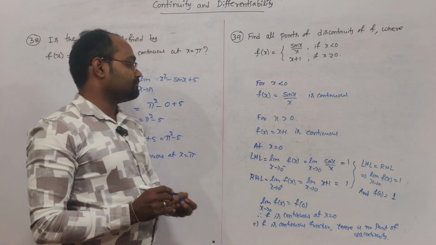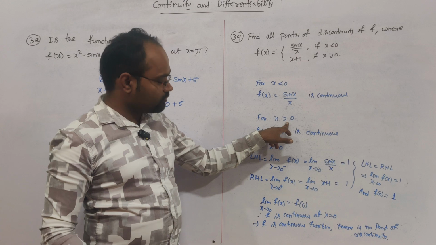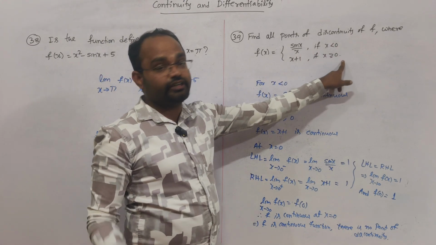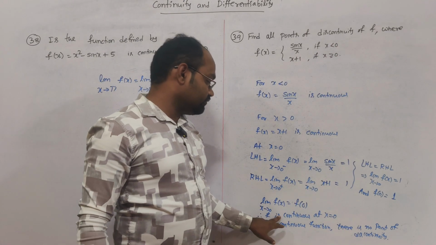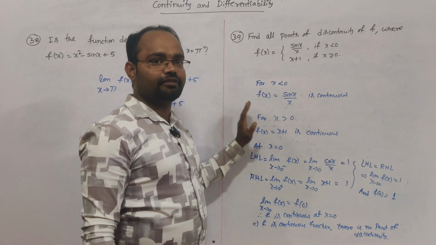Right? So simple. For less than 0 it is continuous, for greater than 0 it is continuous. The only chance of discontinuity is at 0, and at that point it is continuous. Therefore, there is no point of discontinuity for this given function.